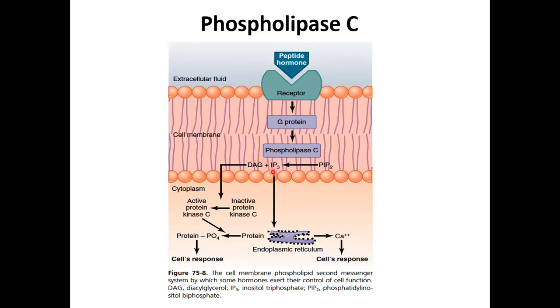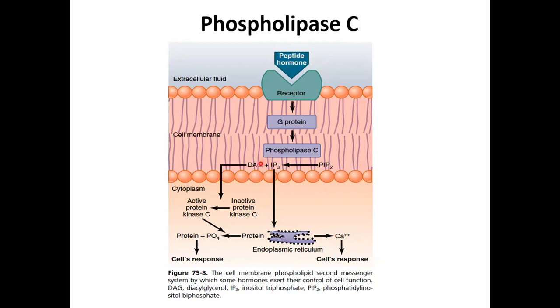This inositol triphosphate now enters into the cytoplasm, acts on the endoplasmic reticulum, activating the calcium channels there, releasing calcium. This calcium in turn will bring about the cell's response required for that particular peptide hormone.